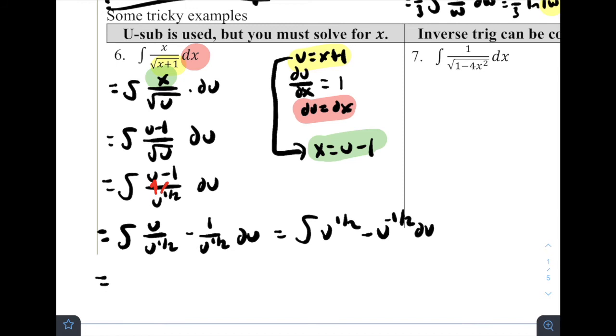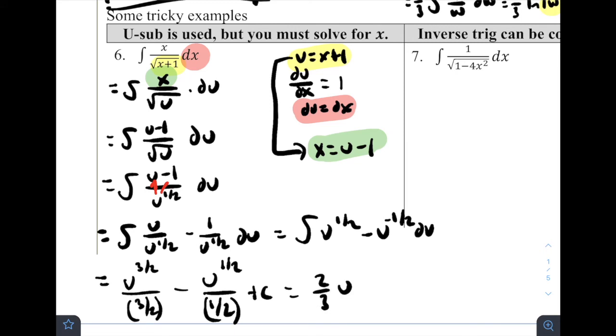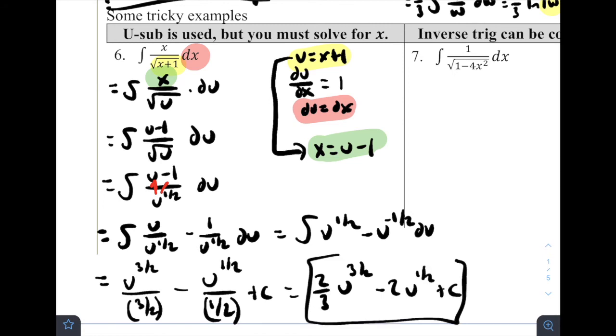And then the antiderivative will be u to the 1/2 plus 1, that's 3 over 2, divided by 3 over 2, minus u to the negative 1/2 plus 1 is positive 1/2, divided by that positive 1/2, plus the c. So that's going to be 2/3 u to the 3 over 2, minus 2 u to the 1/2, plus c, is going to be our answer for problem number 6.